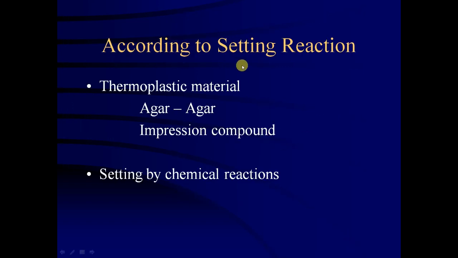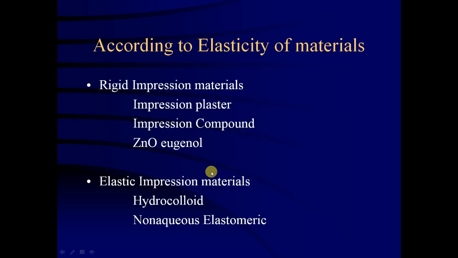Classification according to setting reaction: thermoplastic materials, agar-agar and impression compound. These are set by chemical reaction. According to elasticity of the material, the rigid impression material and elastic impression material. Rigid impression material includes impression plasters, impression compounds, zinc oxide eugenol.